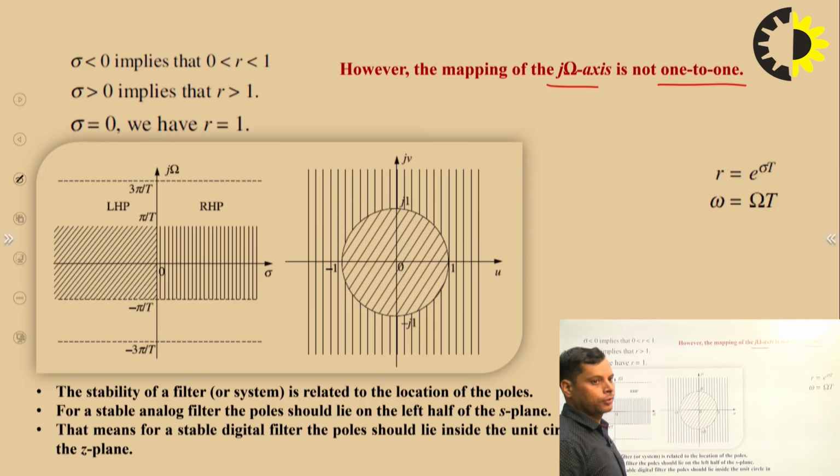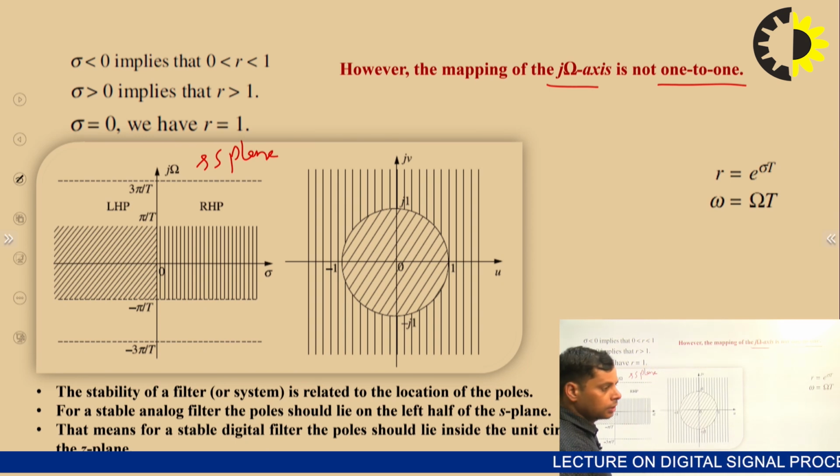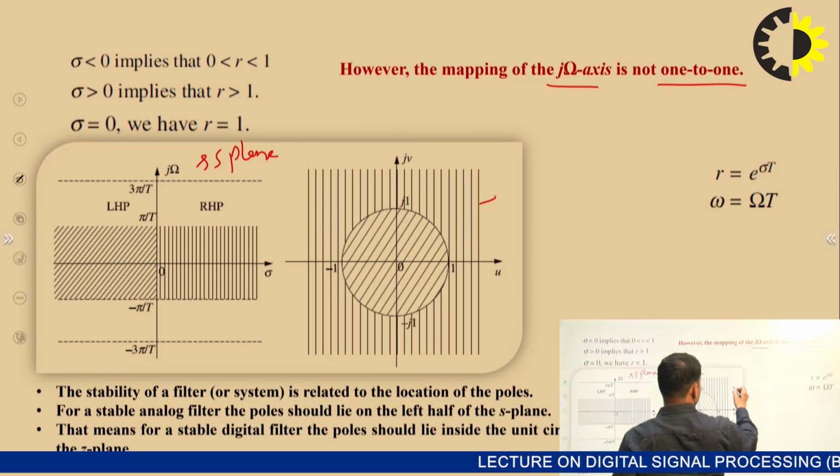So we look at this pictorial view, in which the first one represents the S plane view of the mapping of the filter, and this is the Z plane.